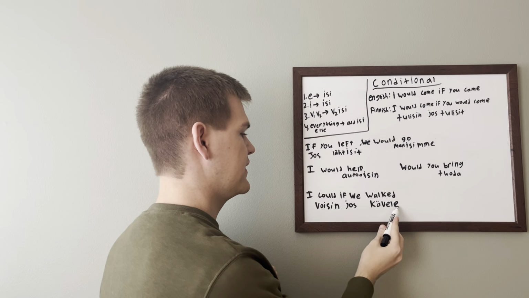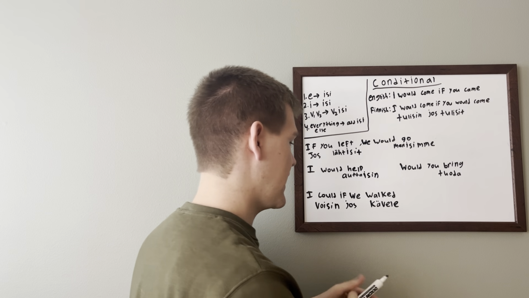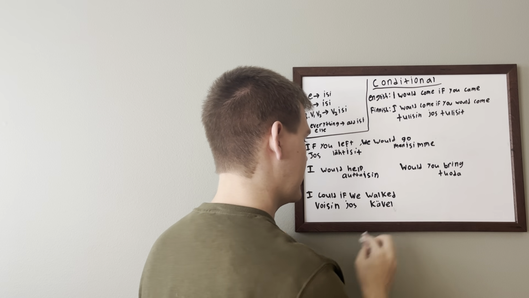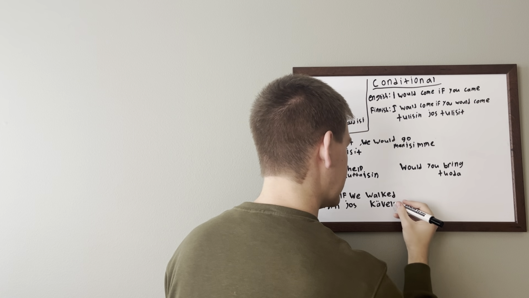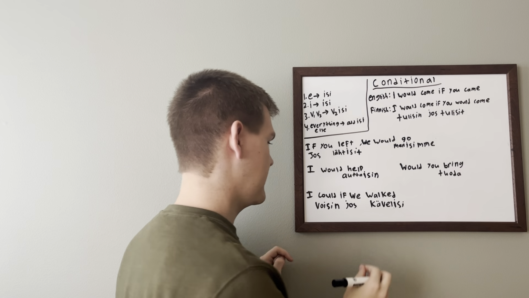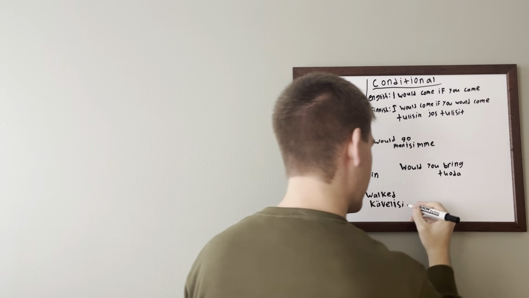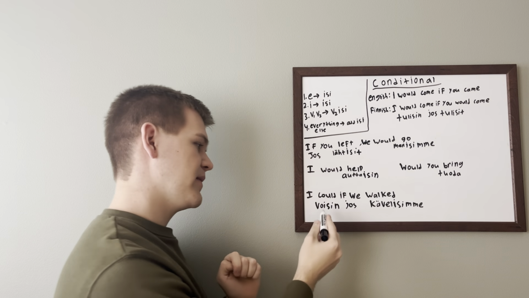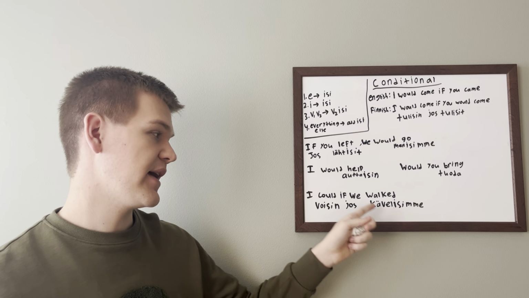Then the E changes to ISI. Kävelisi. And then, since it's "we", we can add MME. Minä voisin, jos me kävelisimme.